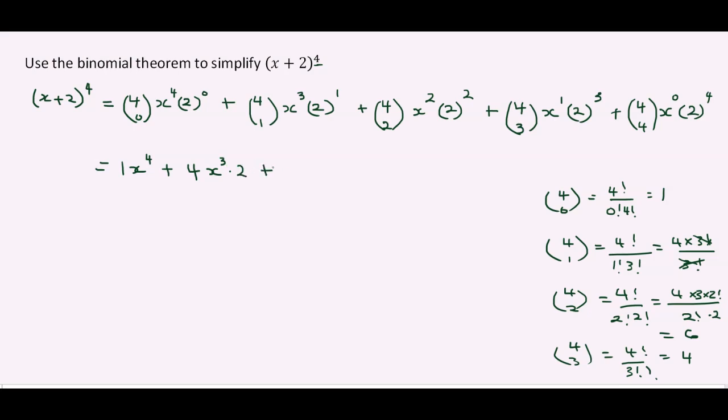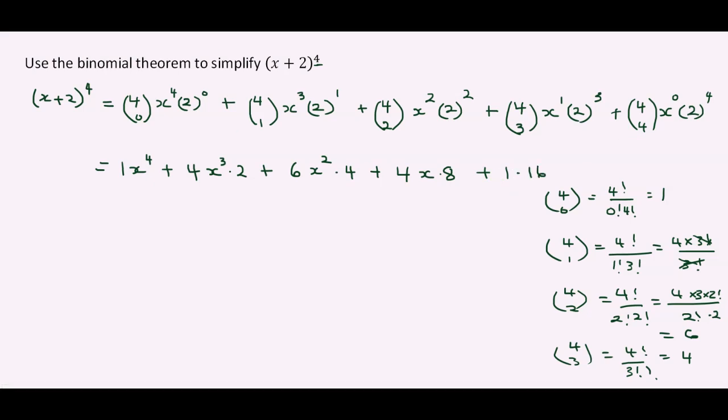Then plus 4C2 is going to give us 6, we have x to the 2nd power, and 2 to the 2nd power is 4. Plus 4C3 is 4, x to the 1st power, and 2 to the 3rd power is 8. Plus 4C4, which is the same as 4C0, is going to give us 1, x to the power of 0 is 1, and 2 to the power of 4 is 16.